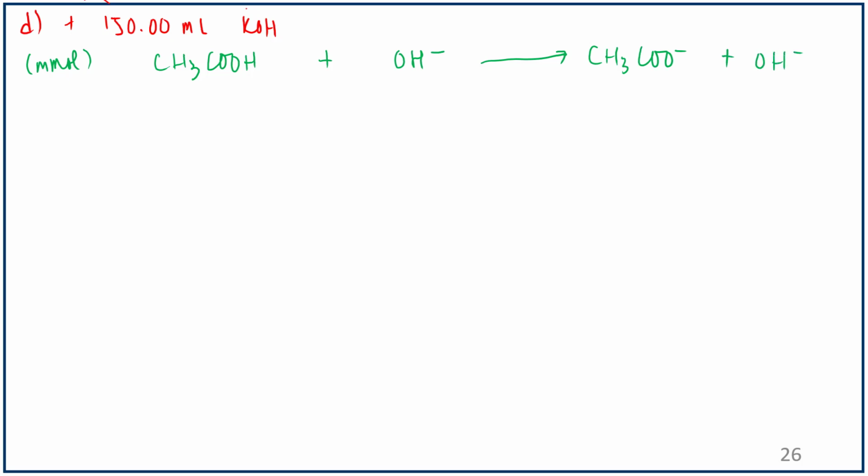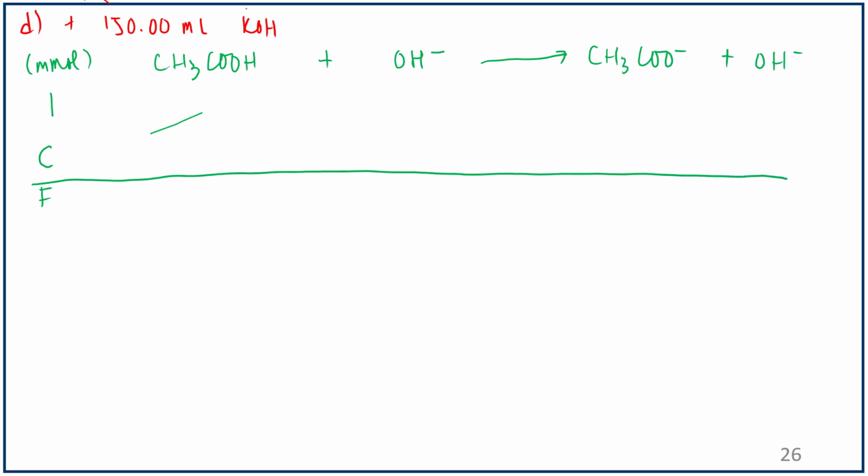We begin again with 20.0 millimoles of acetic acid. For hydroxide, we have 150.00 ml times 0.100 molar. That will give us 15.0 millimoles, and then 0 of the acetate ions. Hydroxide here is still the limiting reagent, so this will be minus 15.0, minus 15.0, and plus 15.